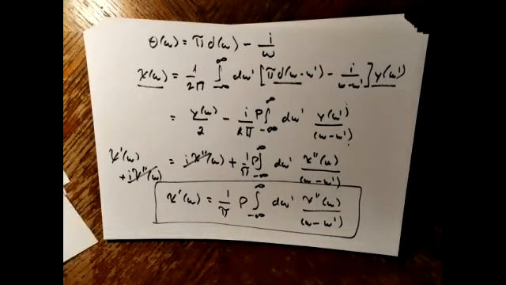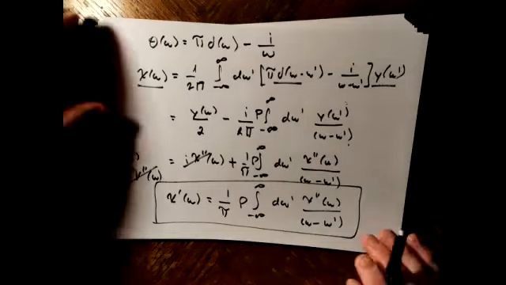Now, the other Kramers-Kronig relation I'm going to leave as an exercise, but I will tell you that what you have to do is exactly the same procedure, except you choose y(t) to be even rather than odd.